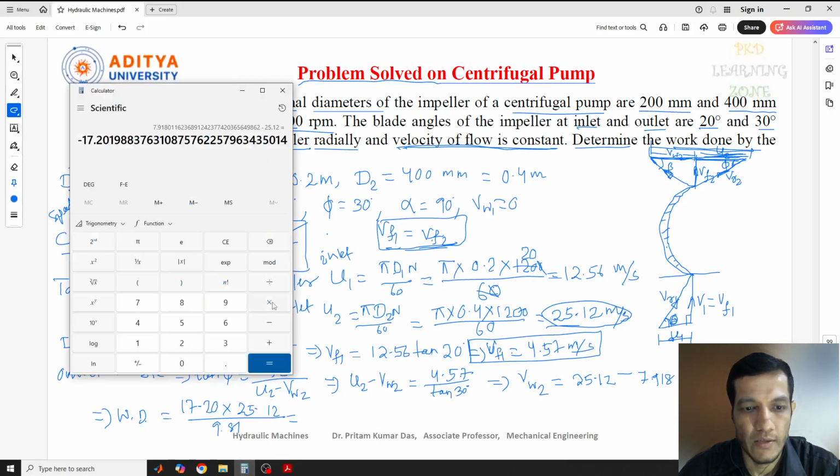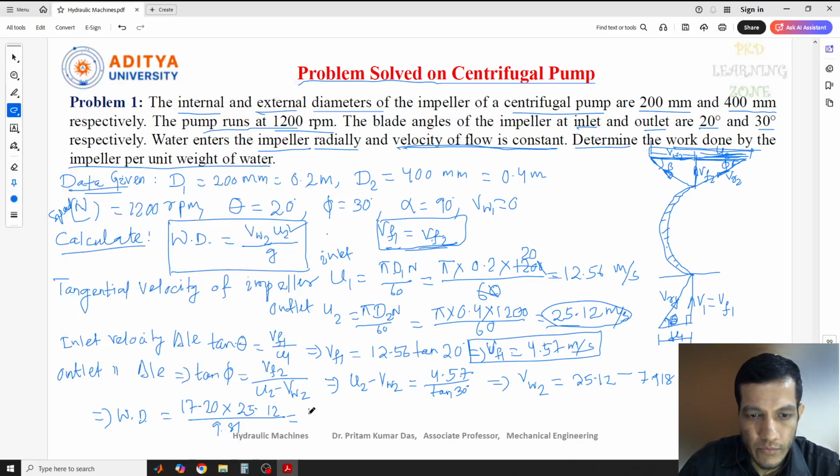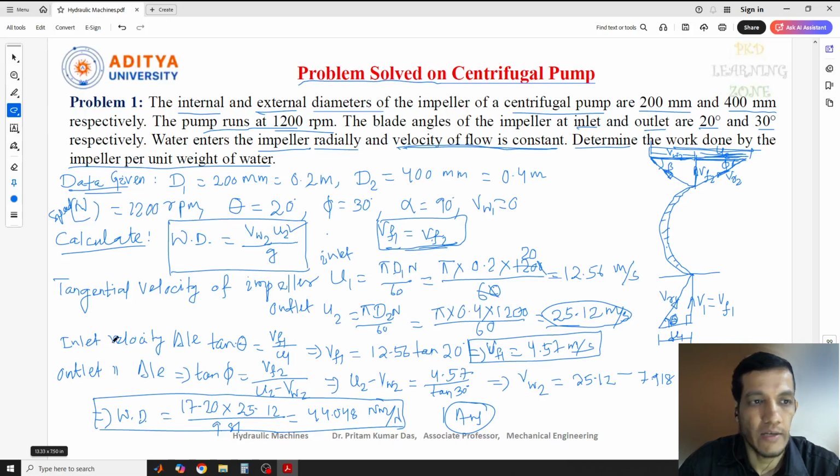Let me multiply 17.20 by 25.12 and divide by 9.81: 44.04, some 80 something is there. Okay, this much work done. That is Newton meter per Newton we can write. Per unit weight is given, that's why it is coming in Newton. Okay, so this is our required answer, what is given in the question.